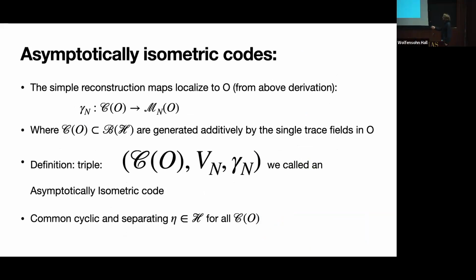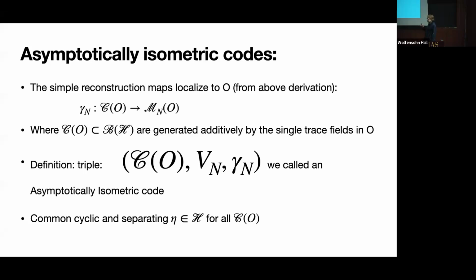And in fact, there's a natural subalgebra associated to boundary regions O, which is just generated additively by these single trace fields. And these simple reconstruction maps restrict nicely to C of O, and they localize to O. In particular, they map this C of O to Mn of O, right? So Mn of O is the physical operators in this region O.